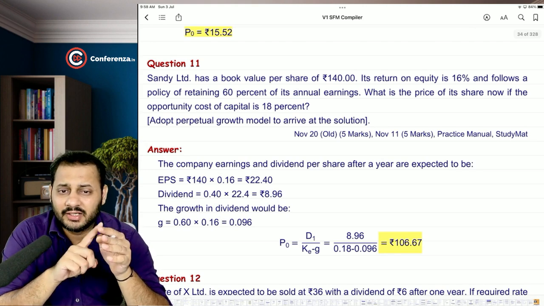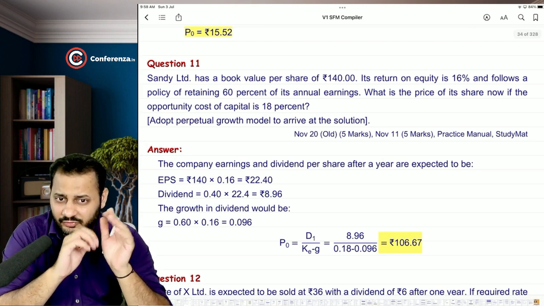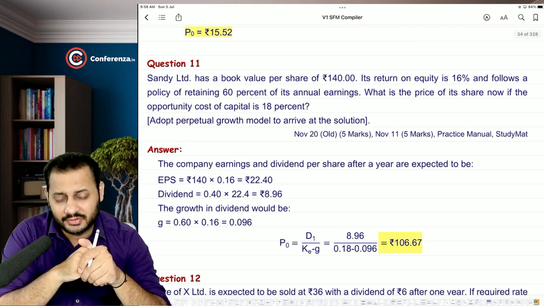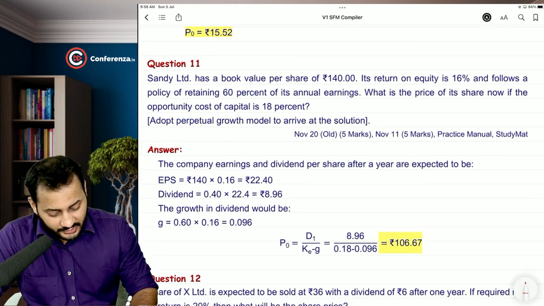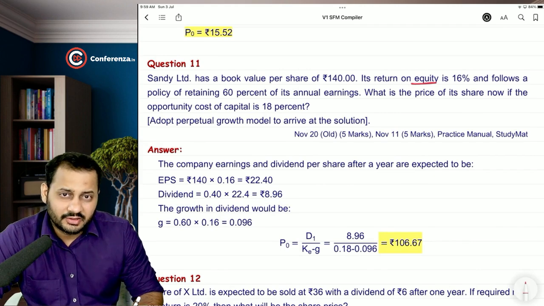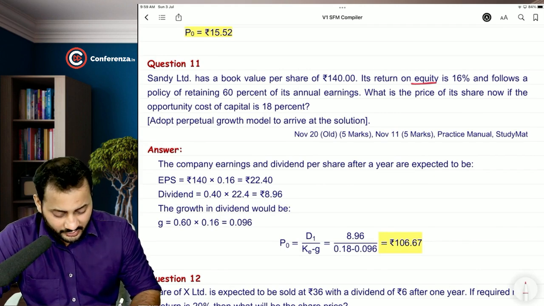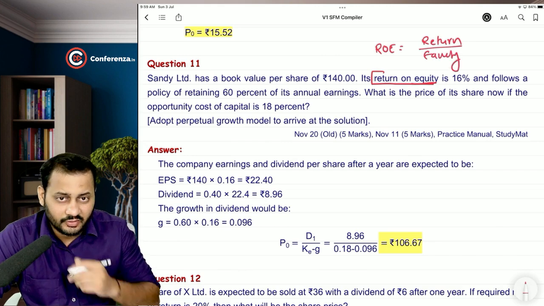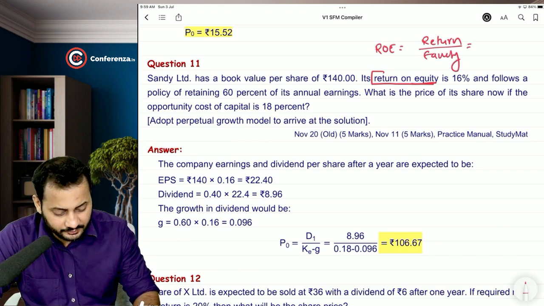Sandy Limited has a book value per share of rupees 140, and its return on equity is 16%. The equity capital invested in the company is not given to you. What is return on equity? Return on equity, ROE, is nothing but return divided by equity, as we saw. The return is the profit after tax, divided by equity capital.